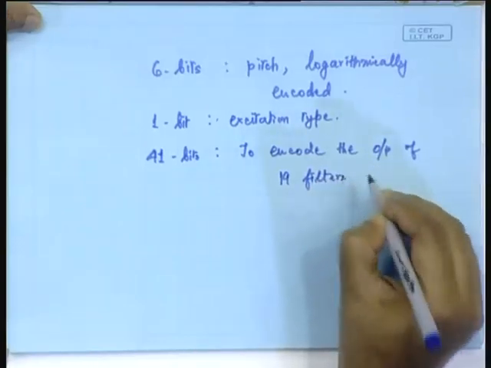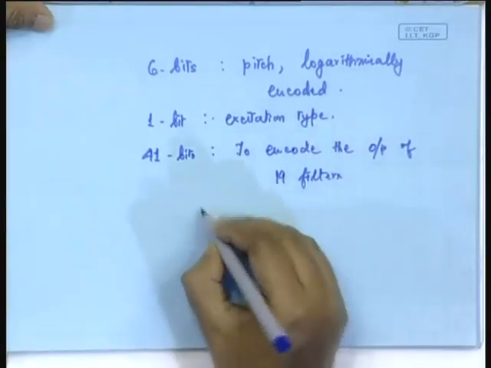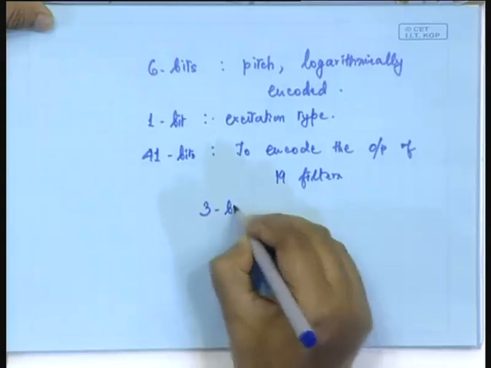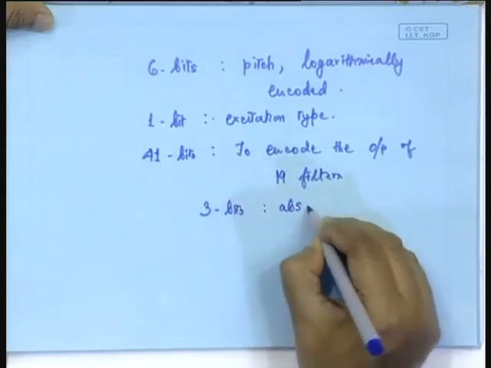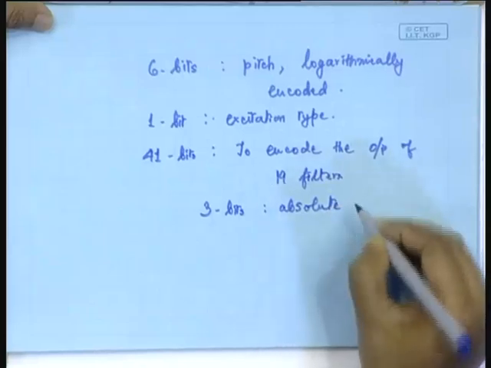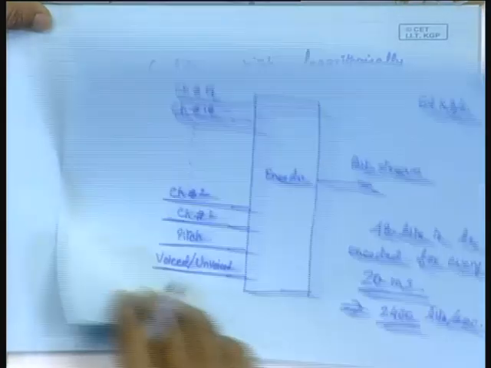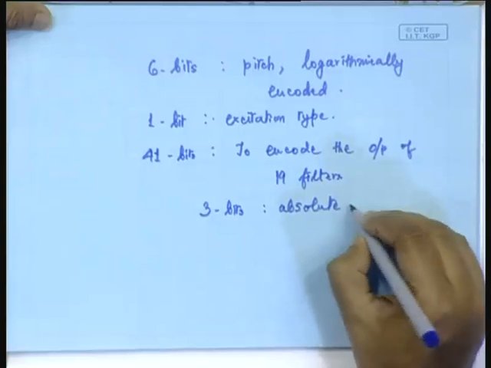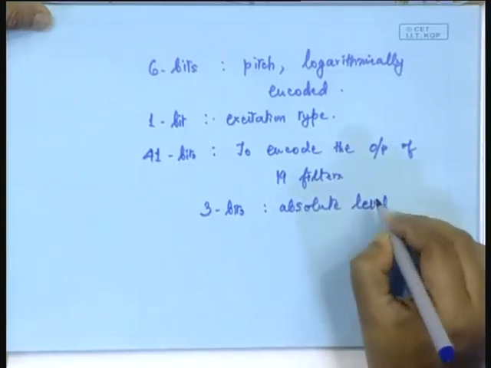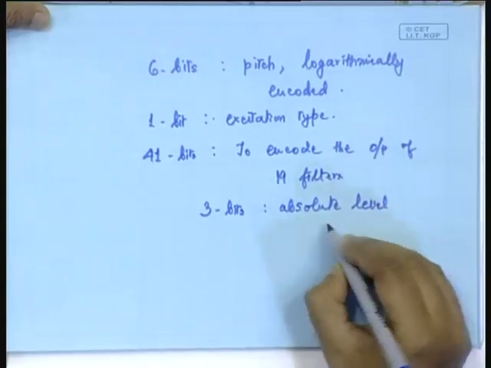And how is that arranged? Actually, 3 bits are there for encoding the absolute level of channel 1. Channel 1, remember, is the lowest frequency. So its absolute level is encoded in 3 bits.